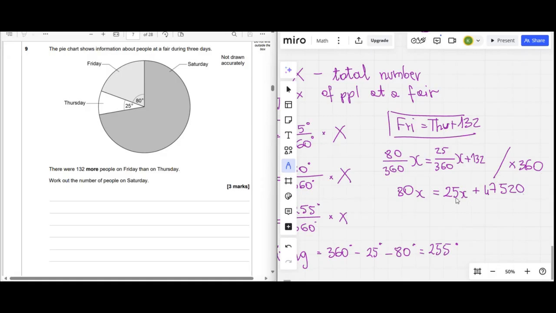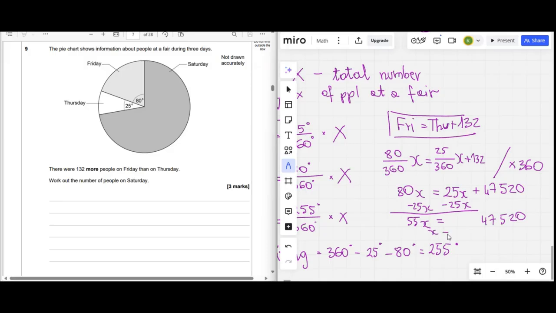is 47,520. Now we need to move that 25x, so I'm deducting it from this side and from the other side, and thanks to that, here we would have only that number. There will be 0, it will cancel, and 80 minus 25 being 55x.